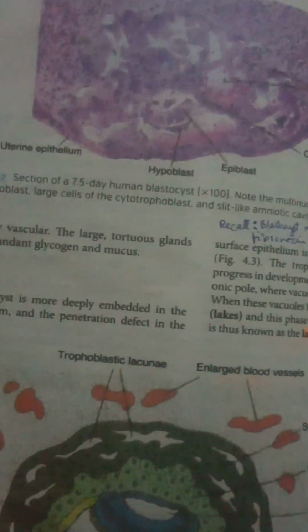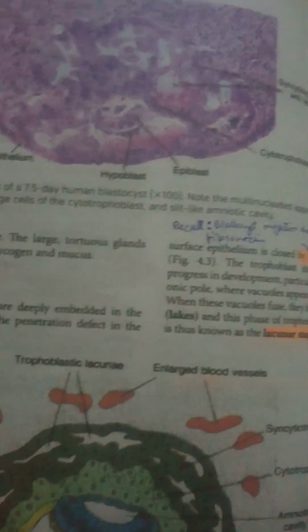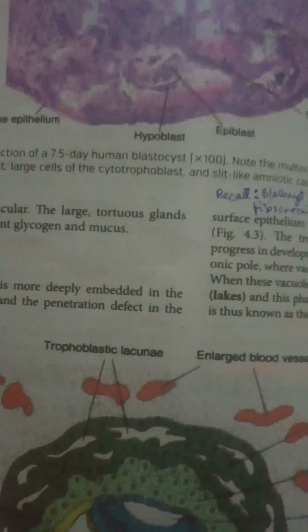So these are storage bodies. Okay, now let's move on to the next part. We have studied three things happening here: first, the complete implantation of the blastocyst; second, the blockage of the penetration defect; third, the formation of the lacunar stage.